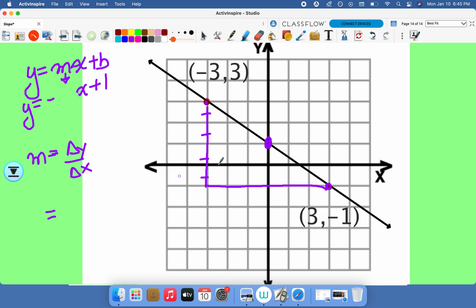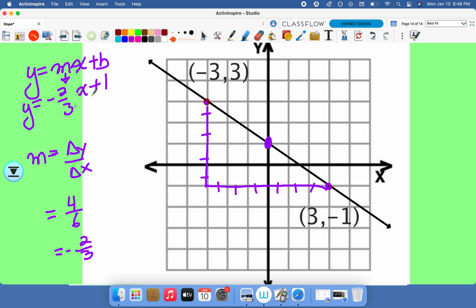So the change in y is 4. The change in x is 1, 2, 3, 4, 5, 6. If we simplify, it's 2/3, and I have to attach a negative because it's a negative slope. So the equation of my line here is y equals negative 2/3 x plus 1.